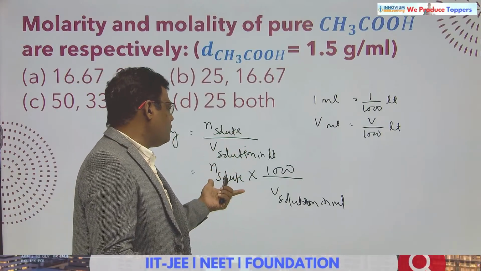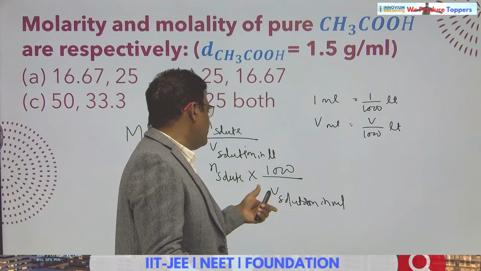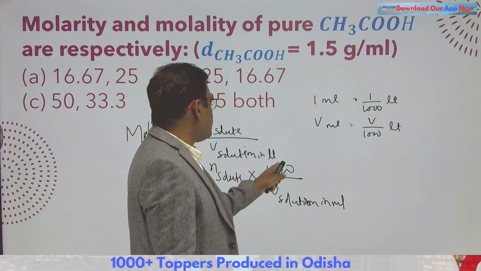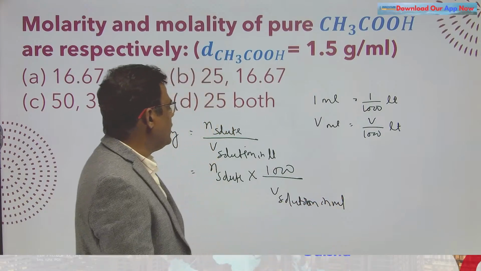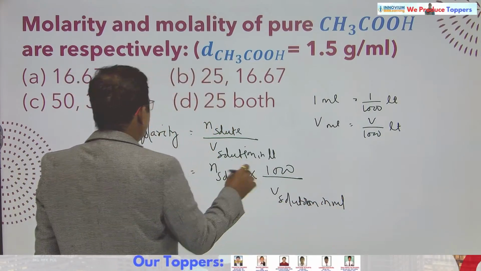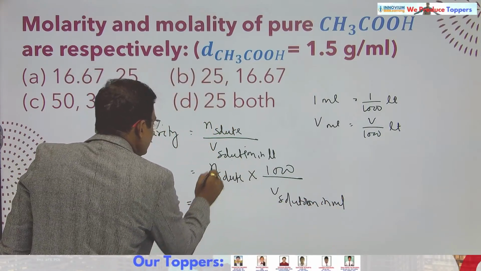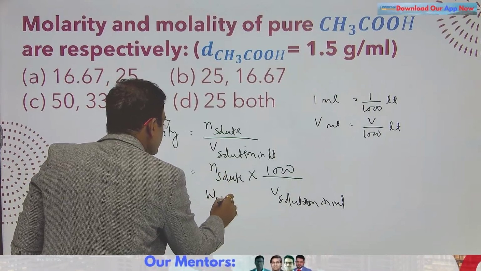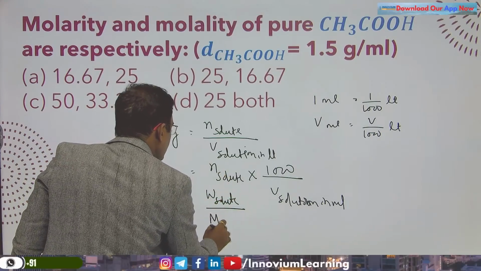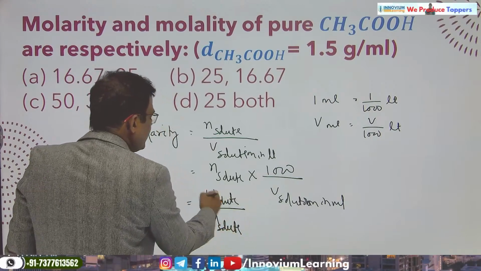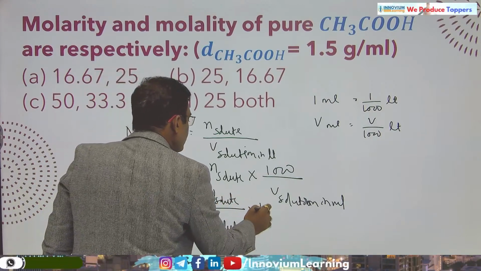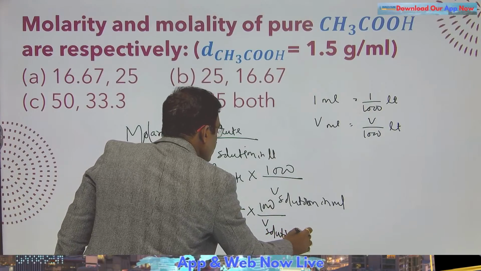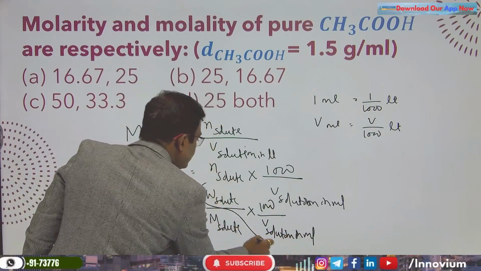So that becomes what? 1000 by V. That's why here I have mentioned number of moles of solute multiplied with 1000 by V solution in ml. So this is the expression for molarity. Now this n solute is what? This n solute is mass of solute by molar mass of solute, multiplied with 1000 by V solution in ml. Now the point is, what is this?